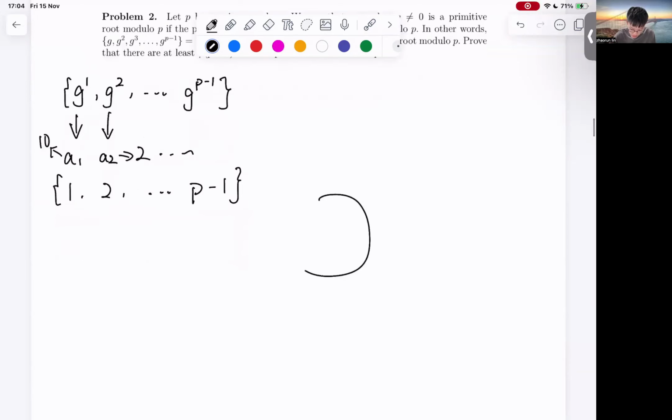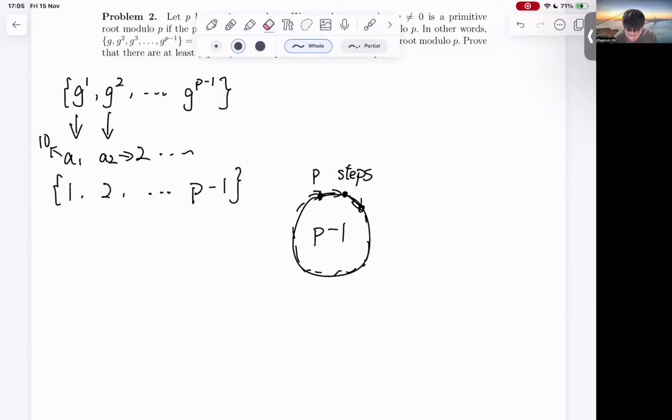If we start at this element and go P steps, we go back to the original element.